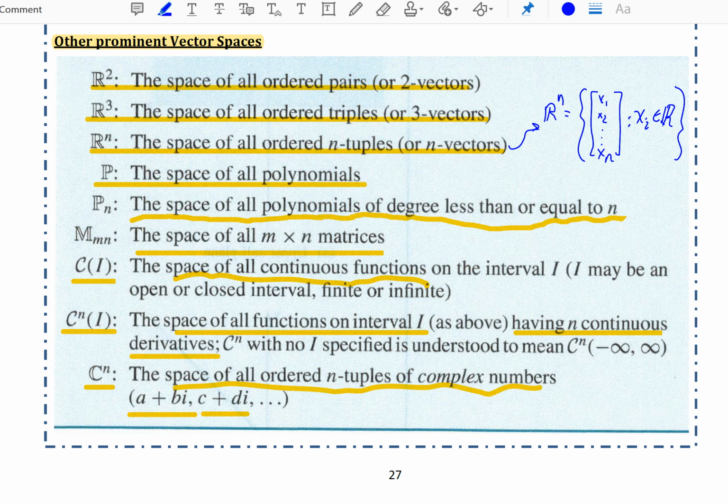If you took the complex number 2 + 3i and added it to -1 + 4i, this would still be 1 + 7i, and this is still a complex number. So complex numbers are vector spaces. And there are a couple of others out there.